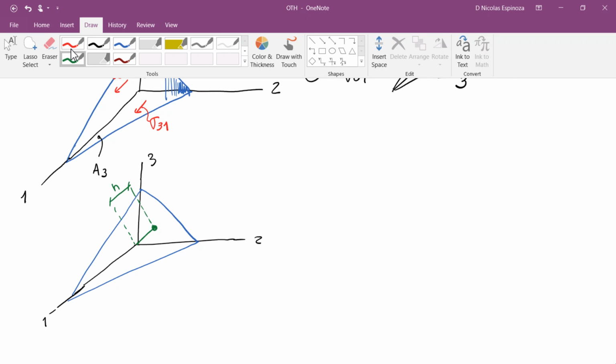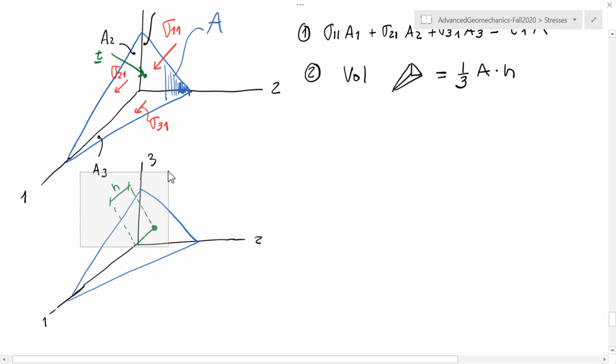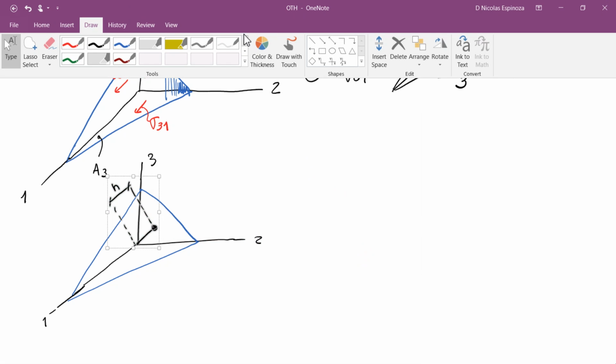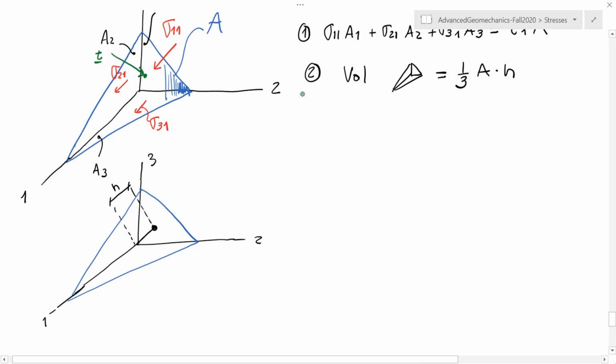And let me actually change the color of this to just black, and I'm going to use the green color to denote that following this line normal to the plane A, I'm going to have a vector n which is normal to the surface A. All right, so n is perpendicular to the plane A. This vector n is also a vector with a length equal to 1, and it's going to have as components n1, n2, and n3.